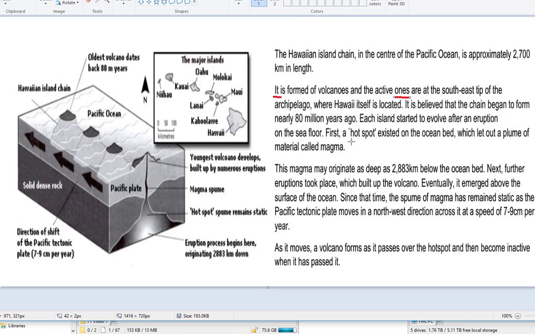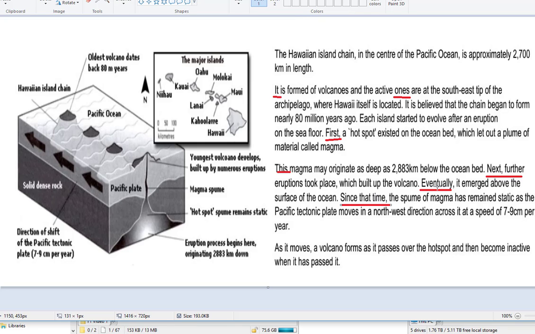Each island starting to go back to eruption. First, okay, so I have some sequencers here. This here, because magma was already mentioned there. Next, further eruptions. Okay, so we see a process: first, next, eventually. Since that time. Okay, so that's some good referencing back to what?